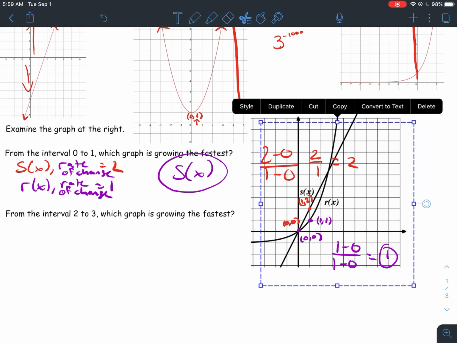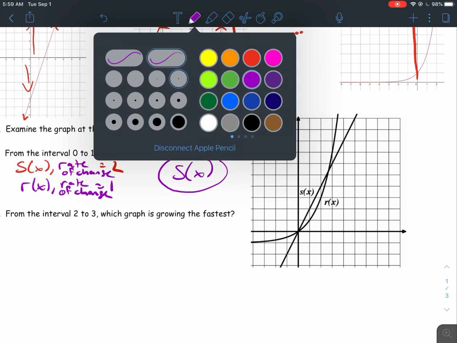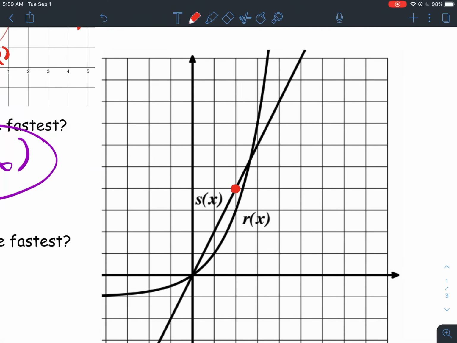All right. So let's go ahead. Now we're going to find the rate of change on another interval. It says from the interval 2 to 3, which graph is growing the fastest? So let's look at 2 to 3. So we'll go back to red for s of x. And on 2 to 3, we have a point here and a point here. So we've got (2, 4) and (3, 6).